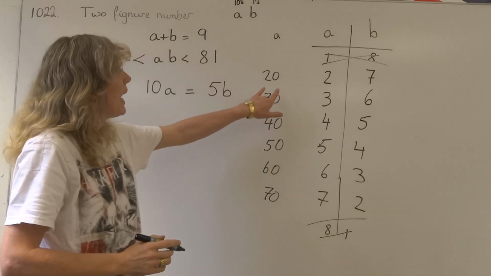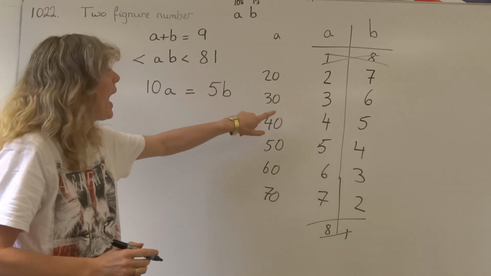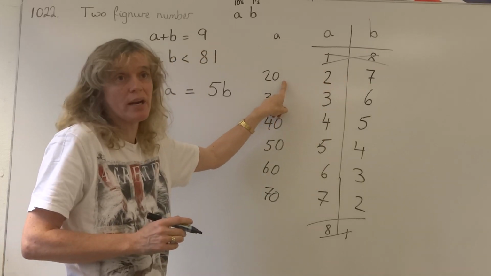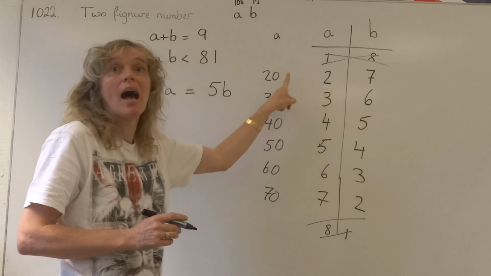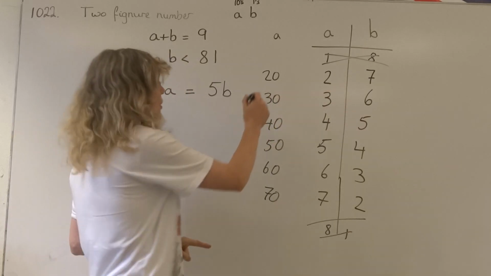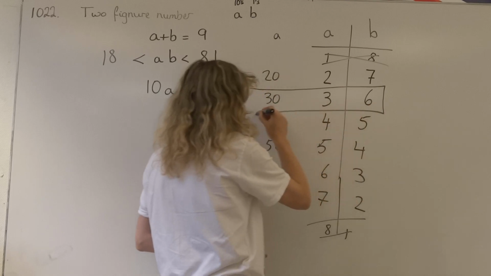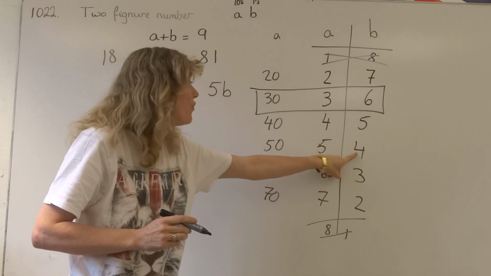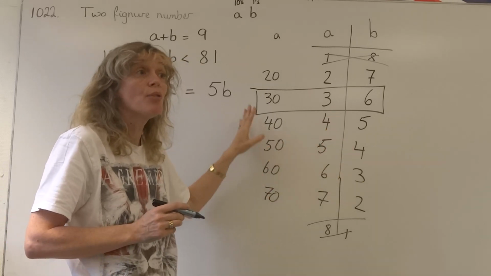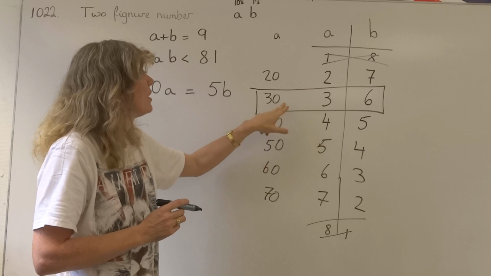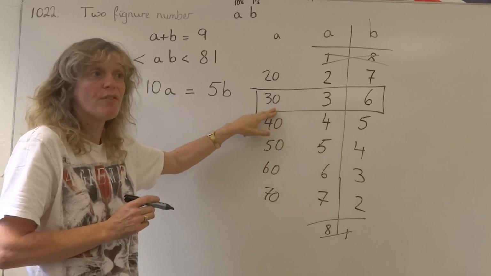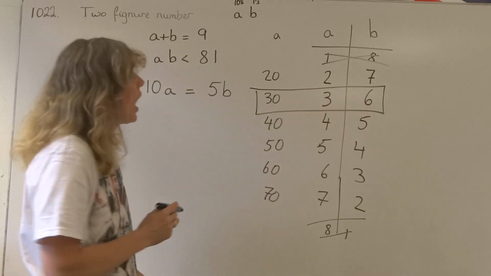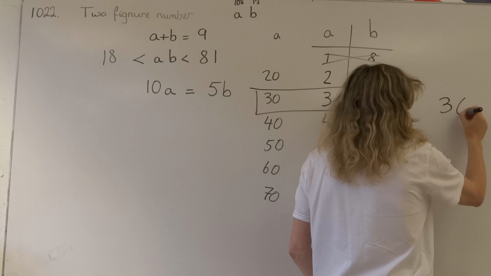And we looked at, is there any number where A is 5 times larger than B? 7 times 5 doesn't give us 20. 6 times 5 gives us 30. 5 times 5 doesn't give us 40. 4 times 5 is... So we found the one where the value of A is 5 times larger than B. Okay? So we know that our number has to be the number 36.